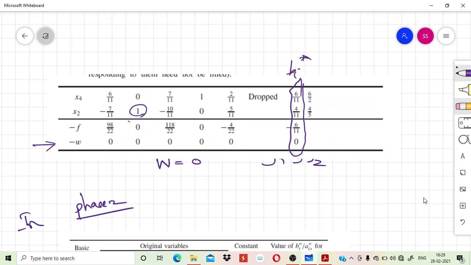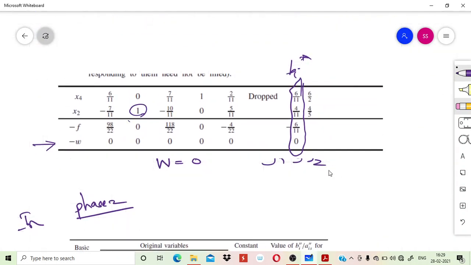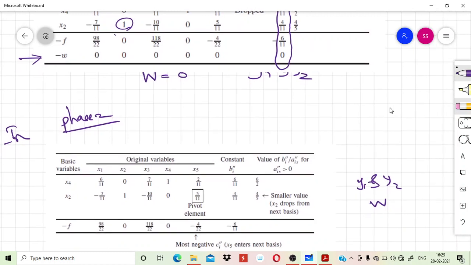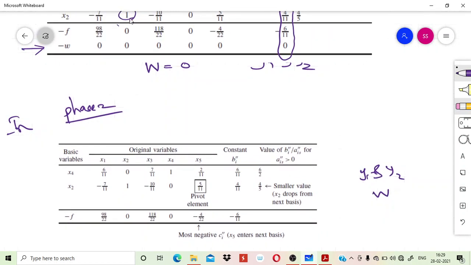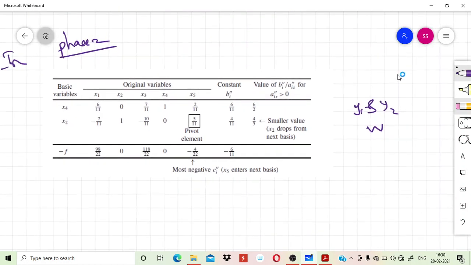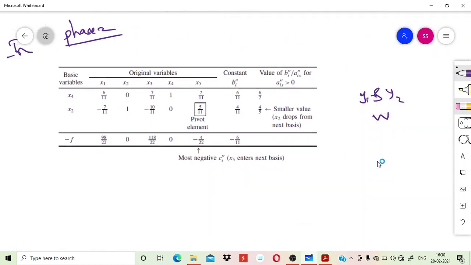We will continue from the last table of phase 1. That means we have the minus f row as 98 by 22, 0, 118 by 22, 0, and so on. And we will again carry out the simplex method in phase 2 also, considering the basic variables x4 and x2. We will continue that procedure.